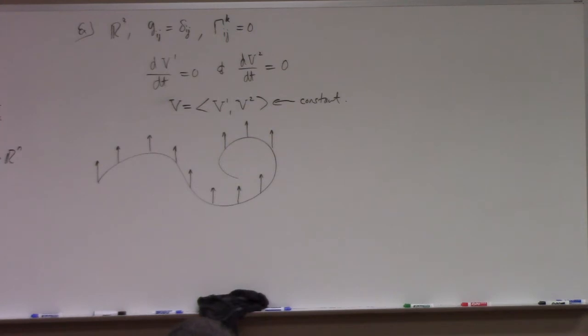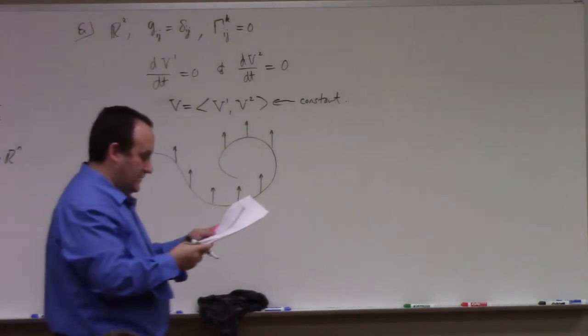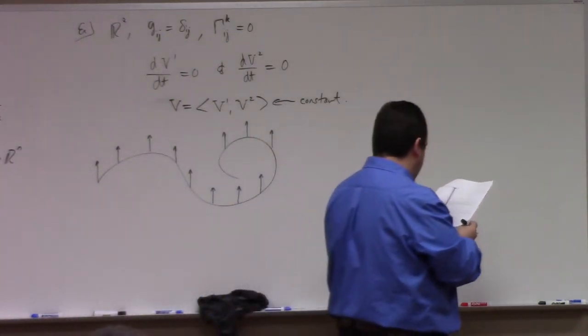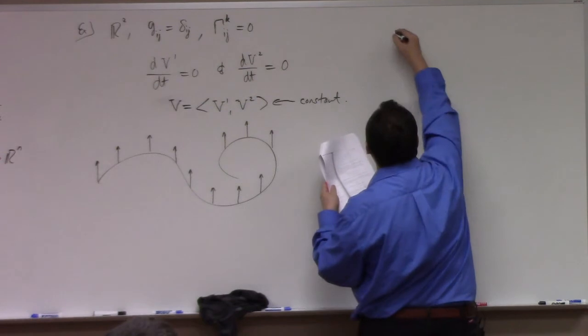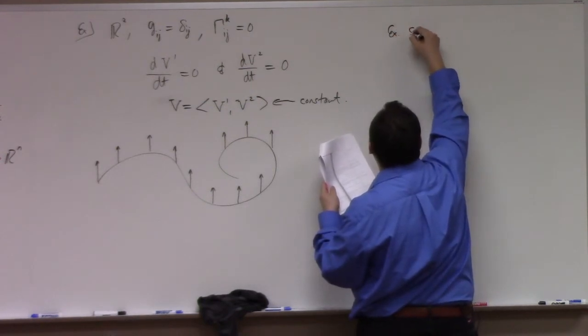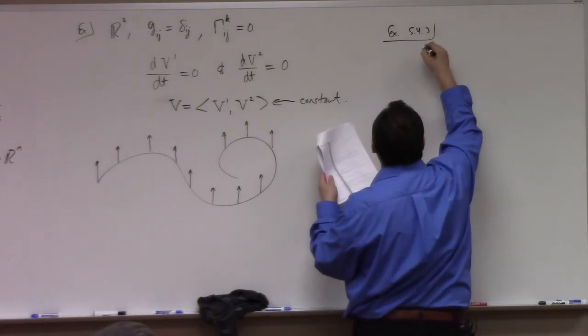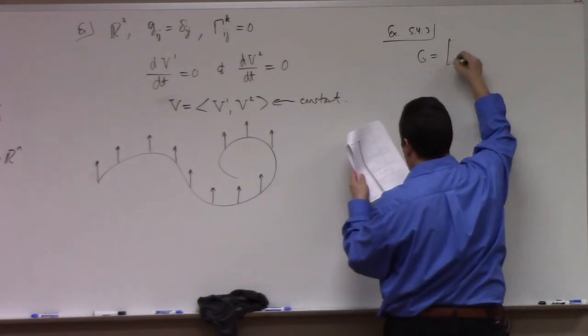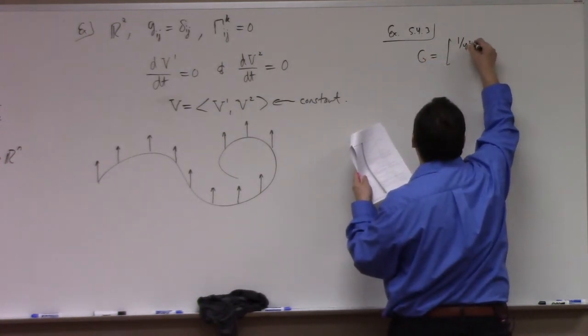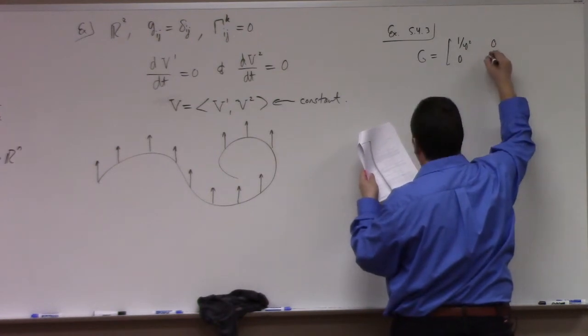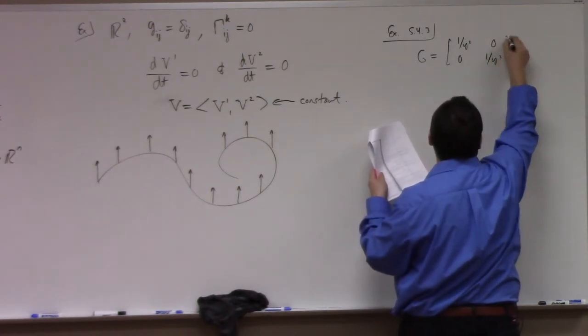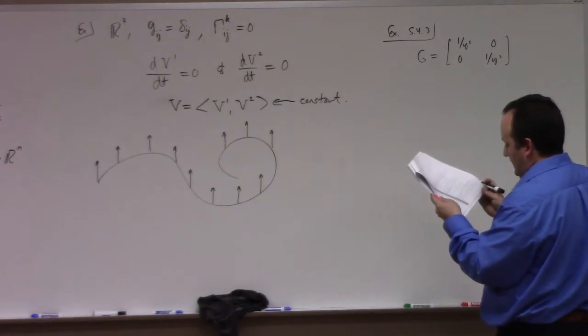Example 5.43 is a little bit more exciting. He talks about the Poincare metric, right? Here we have the matrix of the metric as 1 over y squared, 0, 0, 1 over y squared.